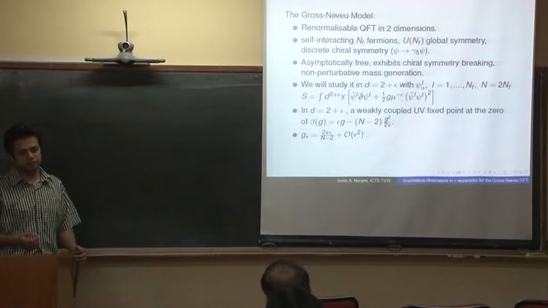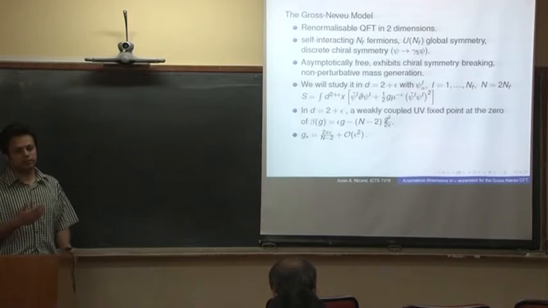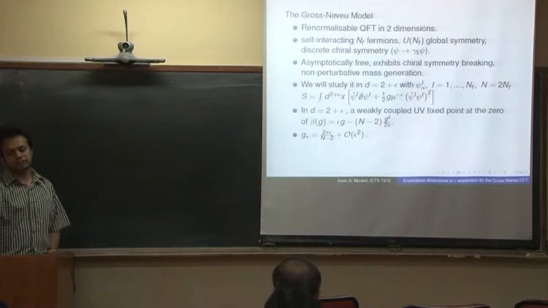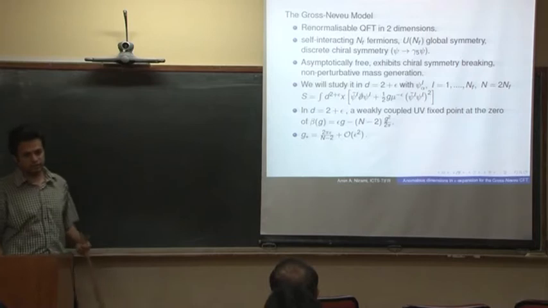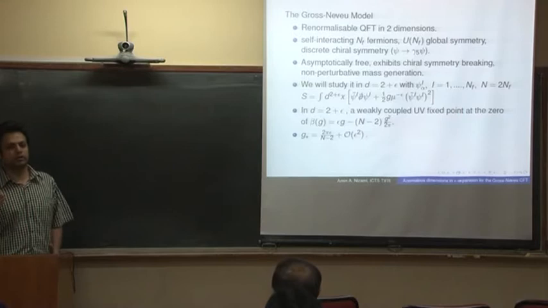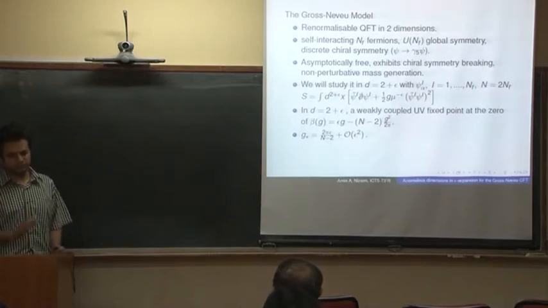Given any observable, you write the loop expansion, right? And the epsilon expansion gives you an alternative way of doing it. To match them to leading order is straightforward because, for example, if an observable is given to leading order in epsilon, then you can use the last relation here to find the leading order one-loop correction in the coupling. So you can match it to physical results. When you do it to higher and higher orders, there are more subtleties. You can still do it, but you have to worry about the normalization scheme and so on. But you can still do it. So this is a formal method, of course.